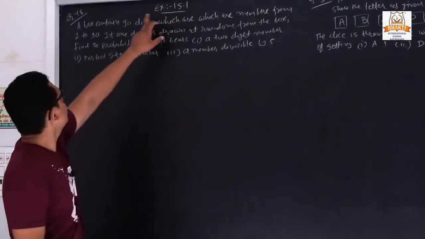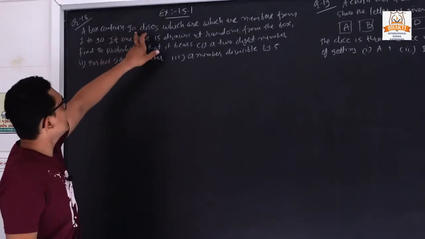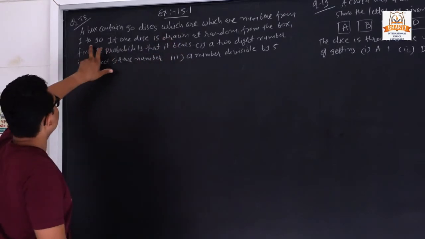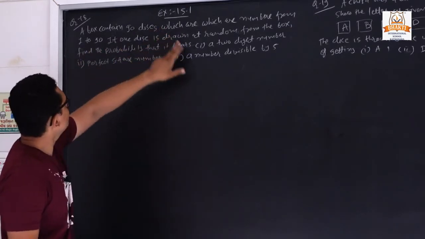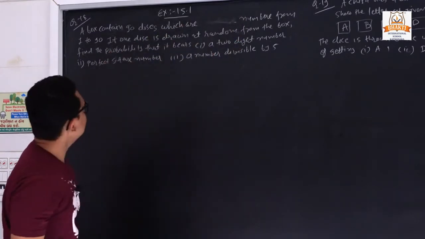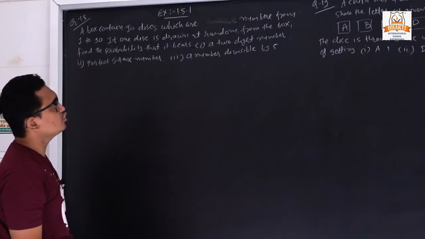Exercise 15.1, question number 18. The box contains 90 discs which are numbered from 1 to 90. If one disc is drawn at random from the box, find the probability that it bears a 2-digit number.